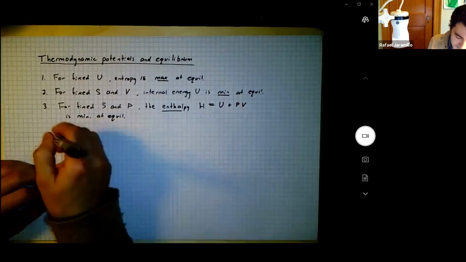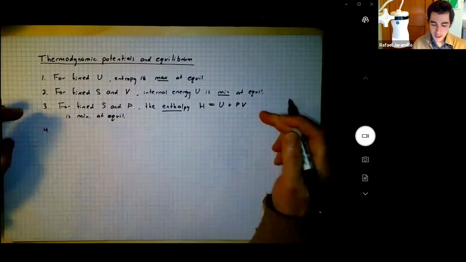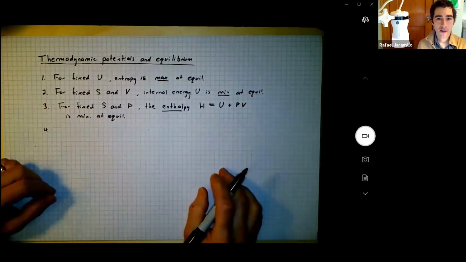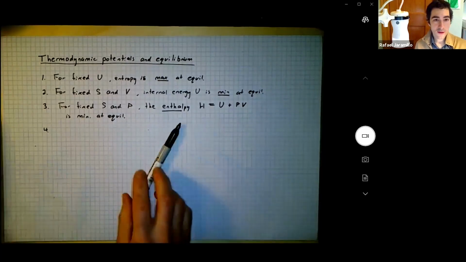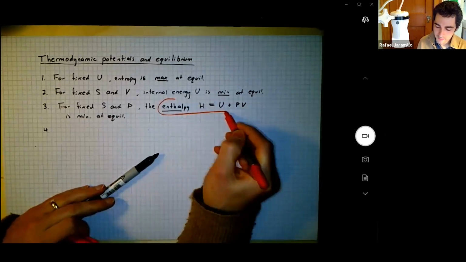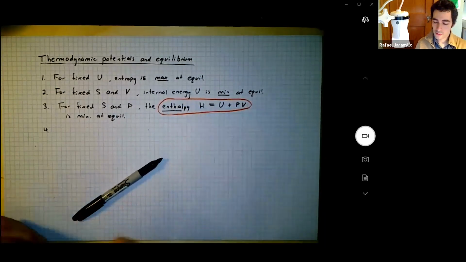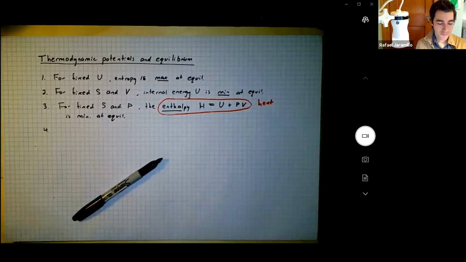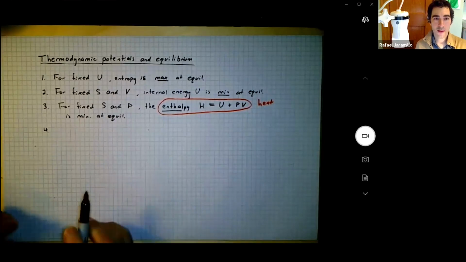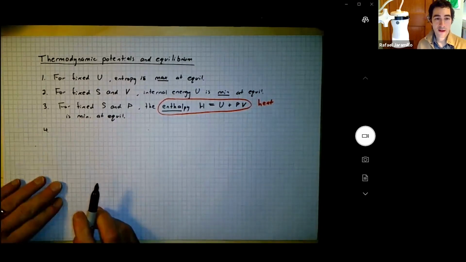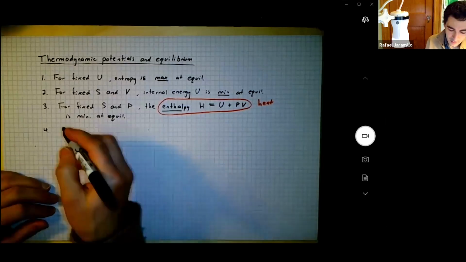Okay, so that's enthalpy. This condition, minimum enthalpy at equilibrium, is not terribly useful, but the enthalpy is useful. One of the problems on the current P set is making a connection between enthalpy and the heat of a process. Sometimes those terms, enthalpy and heat, are actually used interchangeably. That's not strictly correct, but you'll see why.